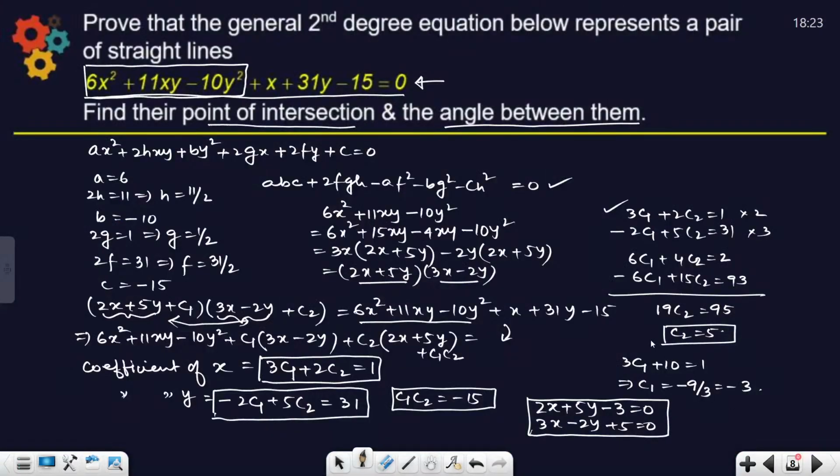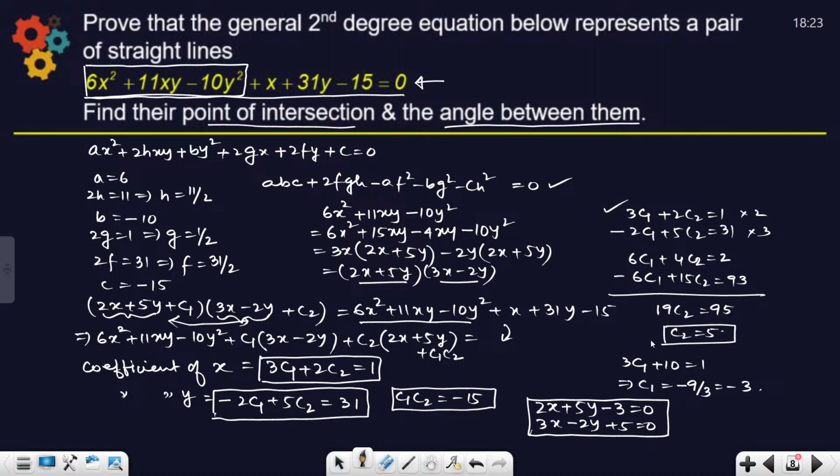Again, I'm telling you, please try to remember this because this will help you to solve a lot of problems of this kind. Whenever you need the equation of the straight line, you simply factorize the quadratic part given to you and then you add constants to find out the equation of those lines, multiply them to get the pair of lines and then compare, right? From the two equations, you are going to find out the value of C1 and C2.